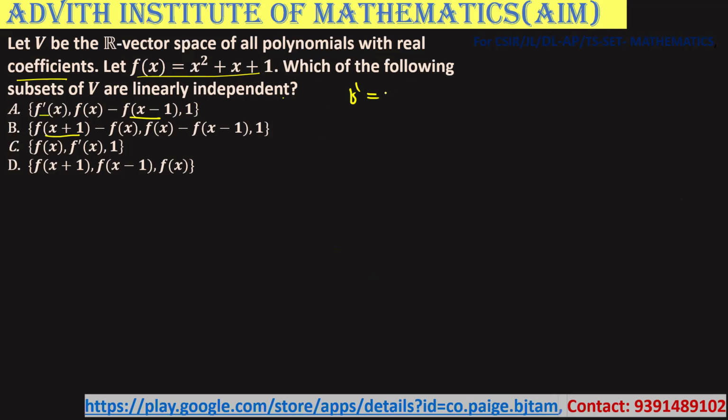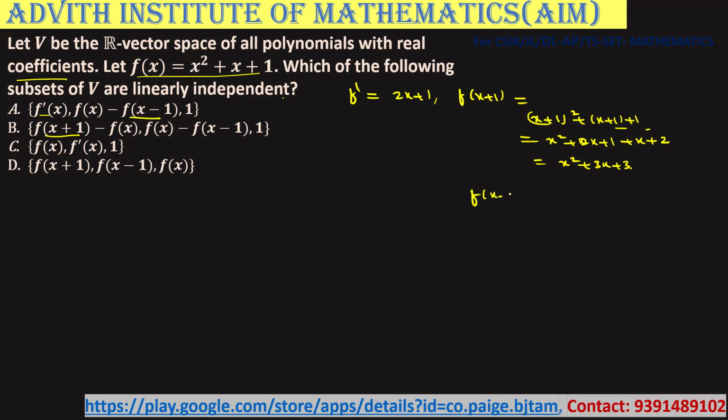First, f dash of x is 2x plus 1. And f of x plus 1, substitute x equal to x plus 1. So x plus 1 whole square plus x plus 1 plus 1. So x square plus 2x plus 1 plus x plus 1 plus 1, which is equal to x square plus 3x plus 3, sir.